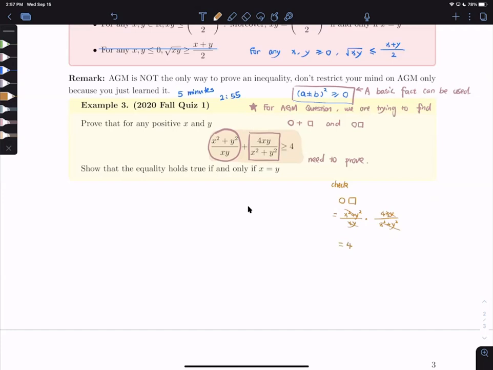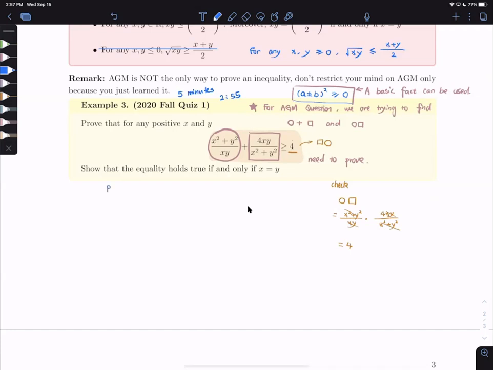So if you see this, well, this thing is my product. Okay, that means, oh, I found my circle and I found my square. That's it, then the solution is solved. Why? Because you just need to plug into your AGM.